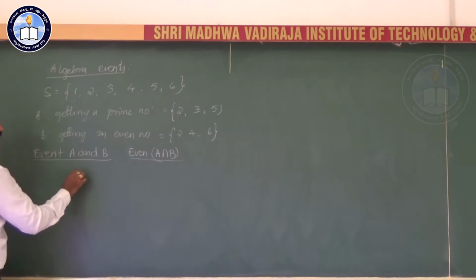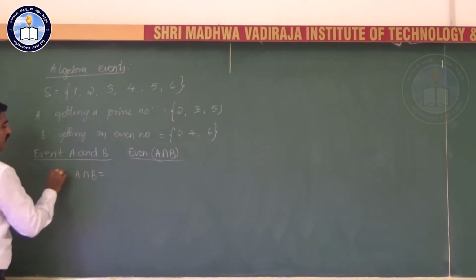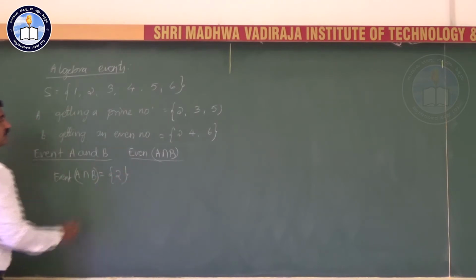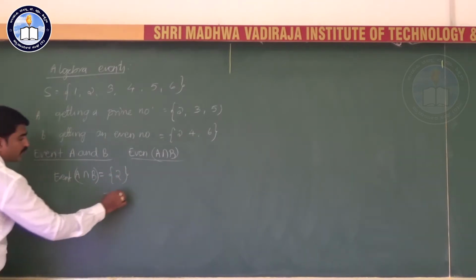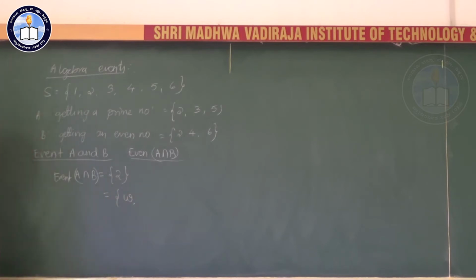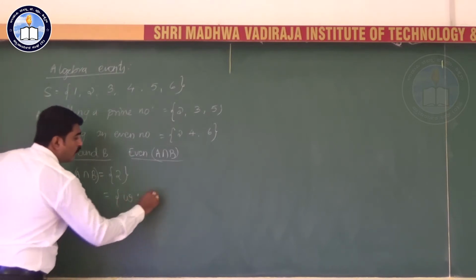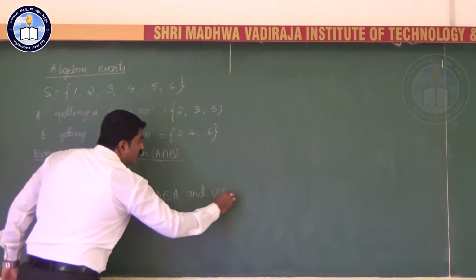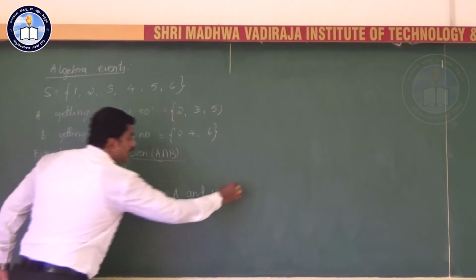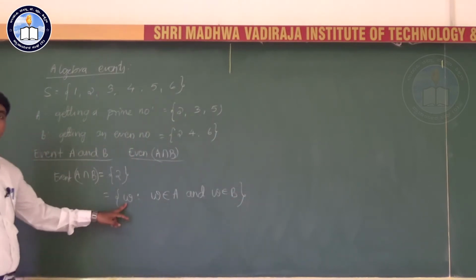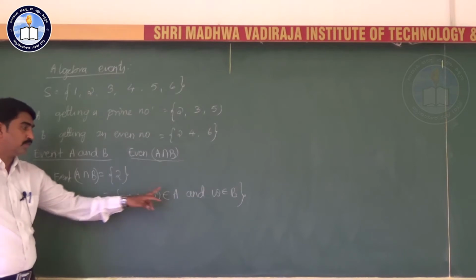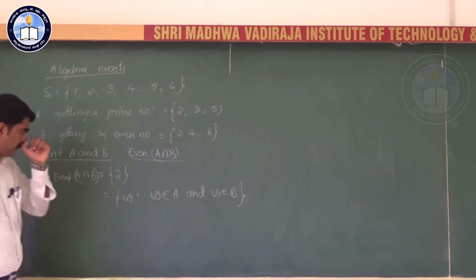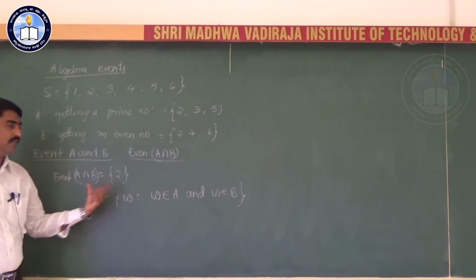So, that is A intersection B. Event A intersection B is nothing but the outcomes which are common to A and B. So, therefore, the set of all omega such that omega belongs to A and it should also belong to B. Then it is the outcome where omega is considered as an outcome, it belongs to A as well as it also belongs to B. Then that is known as event A and B.